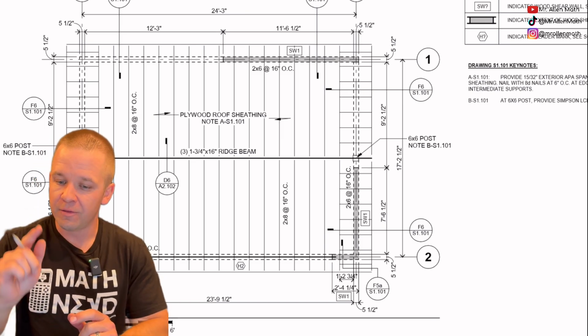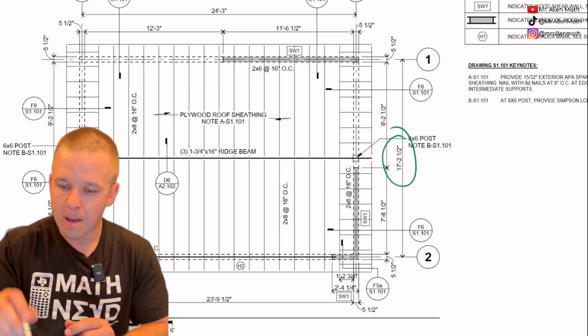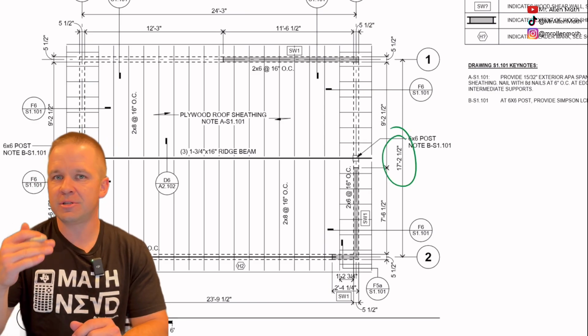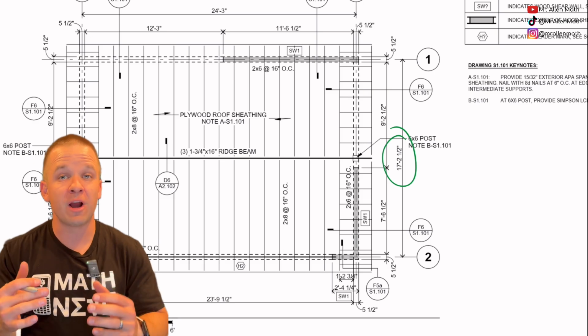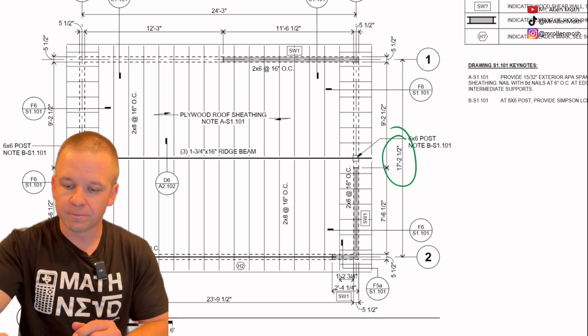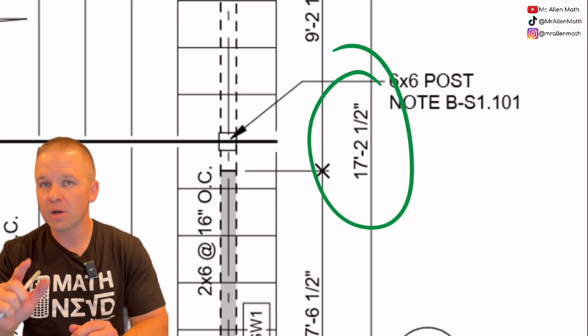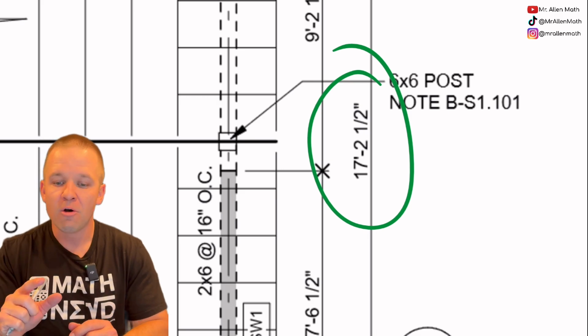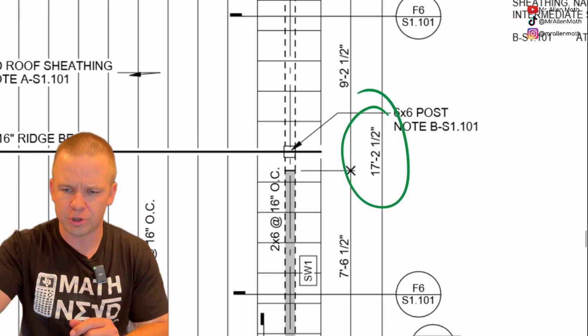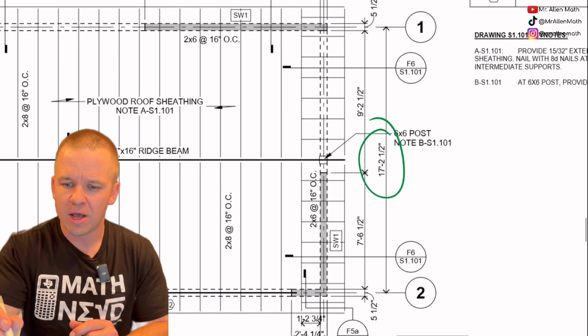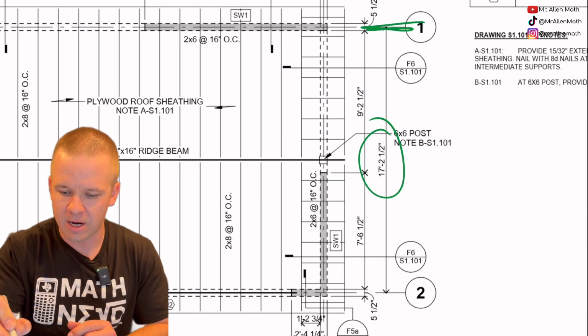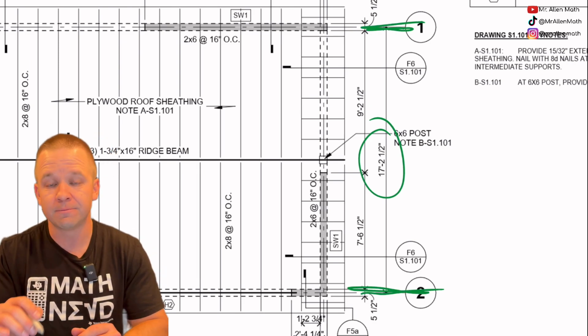But this one over here measures center to center of our framing material, okay? So we have 17 feet, 2.5 inches for the center to center. That's to this spot right over here and right over here, okay?